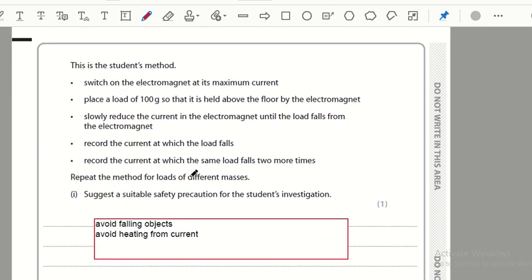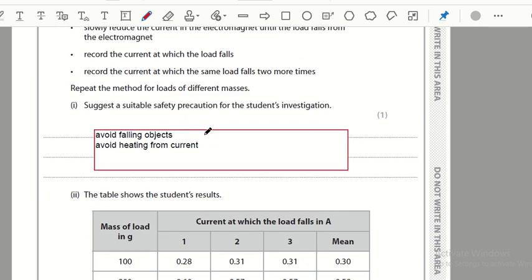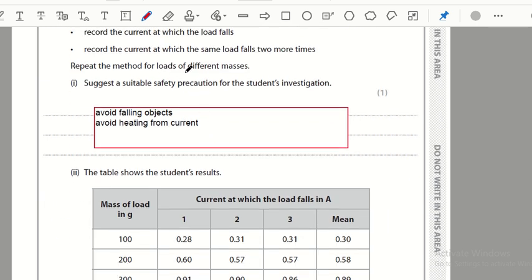Record the current at which the load falls, and record the current at which the same load falls 2 more times, which means that you can repeat for the other 2 times. Repeat this for different masses, and suggest a safety precaution.